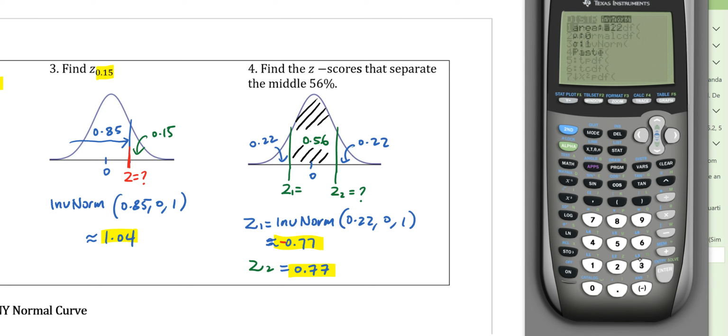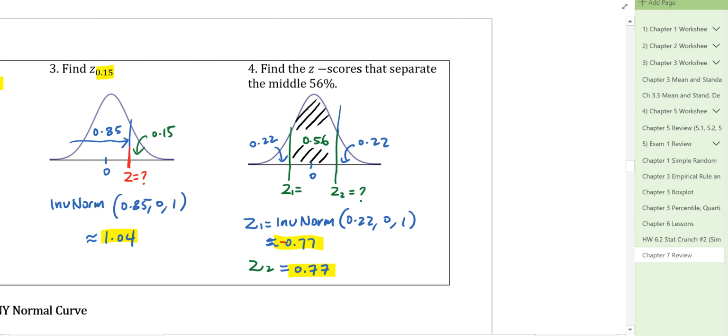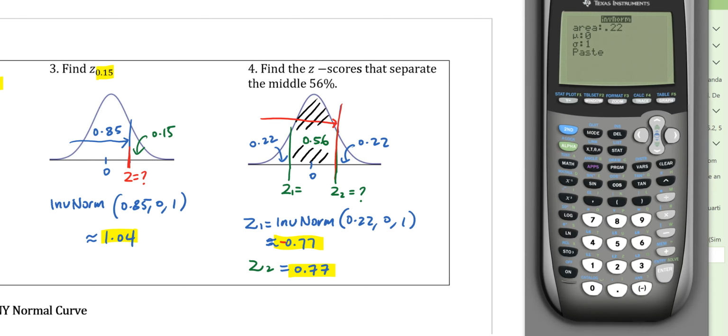Second vars, number 3, area on the left of z2. Notice that I want the total area on the left of z2, not 0.22 here. Let me draw it from here to here. All the way here is 0.56 plus 0.22, which is 0.78. So I'm going to put it into the calculator: 0.78, again 0.22 plus 0.56, and 0, 1 is my mean and standard deviation, and the answer is approximately 0.77.